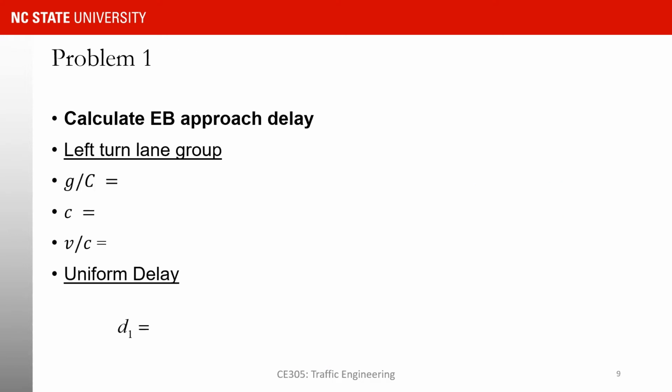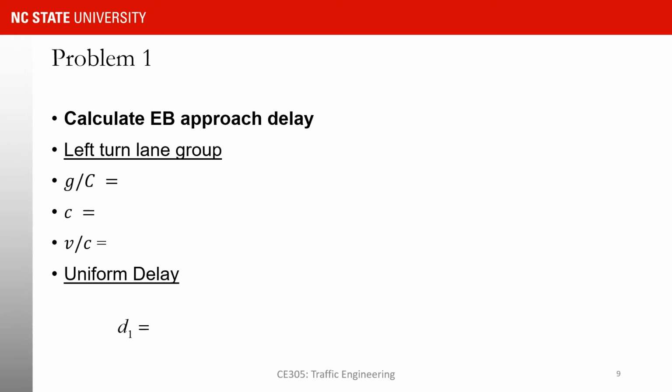Okay, now that we have determined the cycle length and green time for each lane group, we can start finding delay. So I'm going to start with finding delay for the eastbound approach. If you remember, for the eastbound approach, I have two lane groups. The first lane group is left turn, and the other one is through and right.